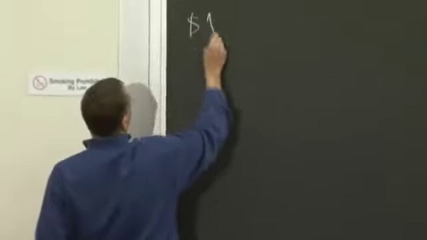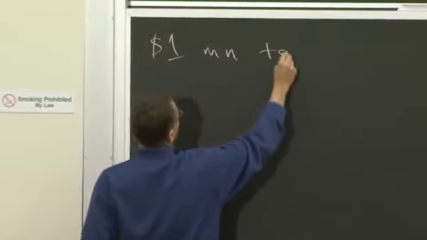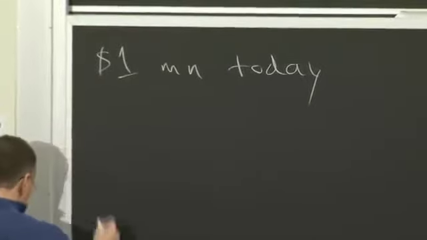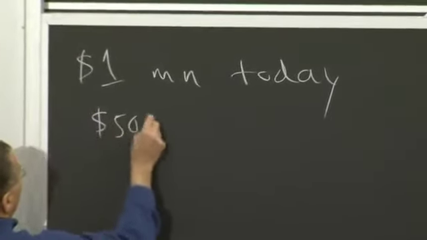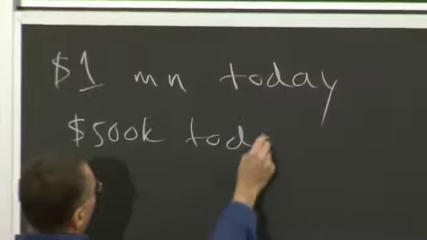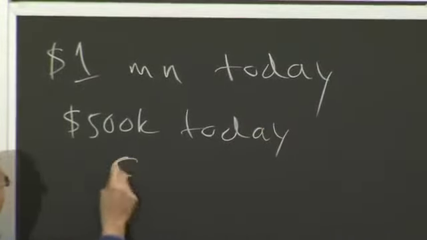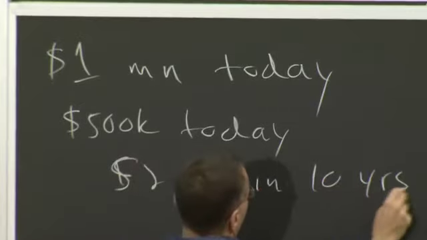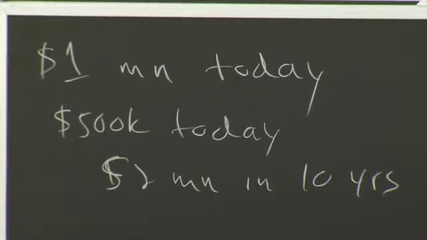One contract pays $1 million today, and one contract pays $500,000 today and $2 million in deferred payments in 10 years. So that's the two contract options facing the player.